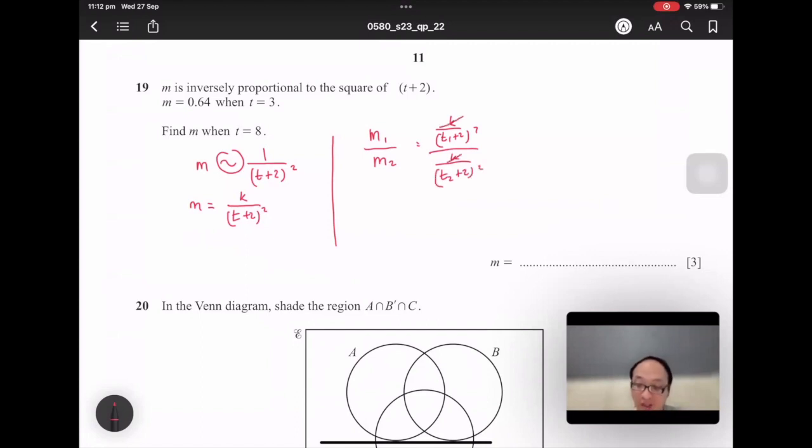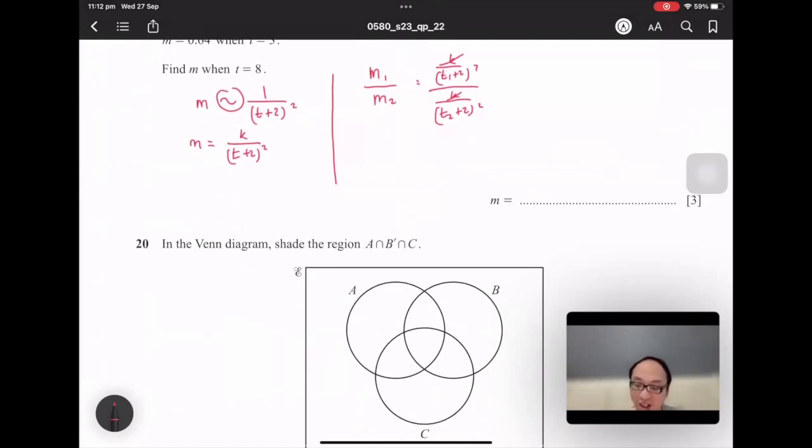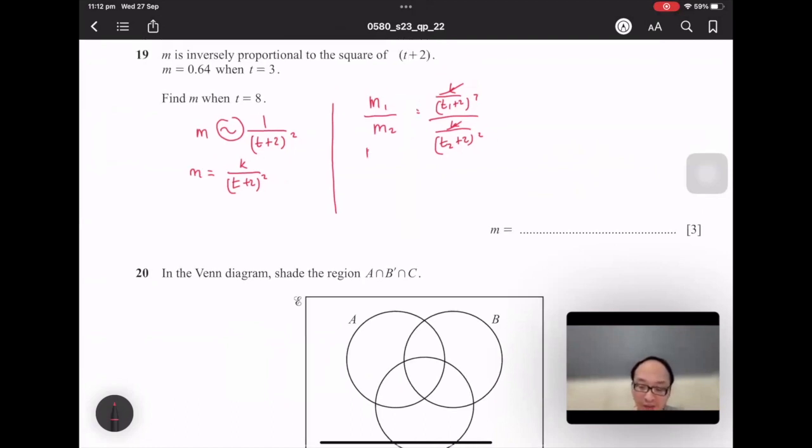I can cancel the k and then switch the position. So M1 is this 0.64 over M2 equals (T2 plus 2) squared over (T1 plus 2) squared. Because this is a fraction, we can switch the position.